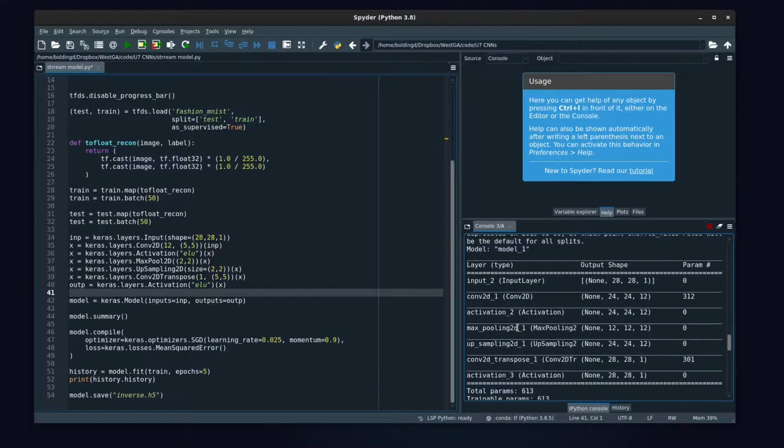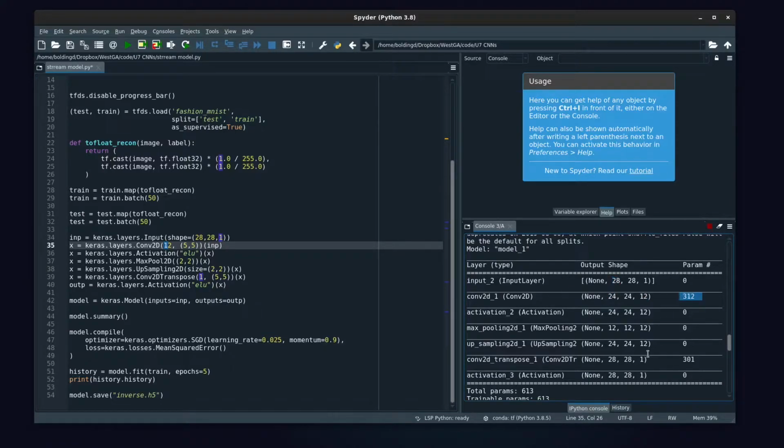And if we scroll up, this time I call model.summary. That resulted in this. And we can see that it is telling me all of my layers, right? All of my layer sizes. Oh, okay, good. I wasn't off by 1, right? 24 by 24 by 12, which makes sense, right? 12 is the number of convolutions, and it should be 24 because that's 28 minus 5 plus 1, right?